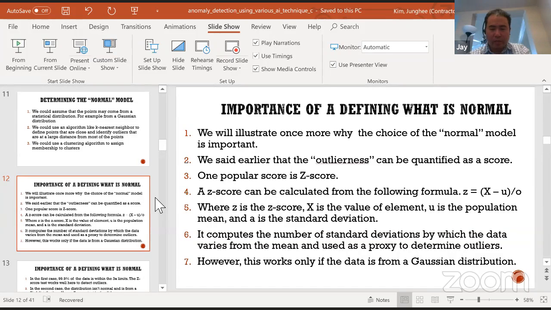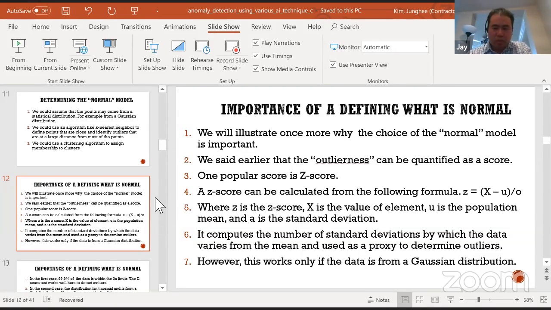I talked a little bit about it earlier. Why is defining the normal signal important? Because if you define the normal signal wrongly, then we will find the outlier or anomaly in the wrong way. So it's wrong from the beginning. We have to find out the normal signal in the beginning, right? To do that, we need to see statistics like the z-score, normal distribution, or p-value.